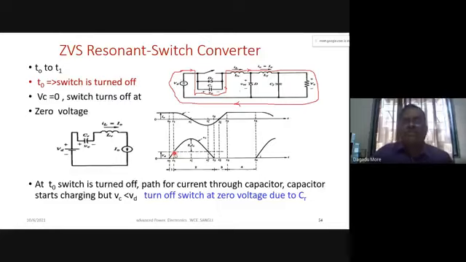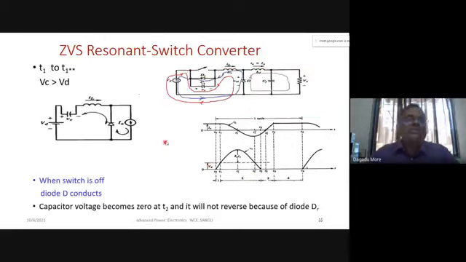At instant T1, our capacitor voltage will be equal to VD. But after that, because of the energy stored in the inductor, let us go for the period T1 to T1 star.